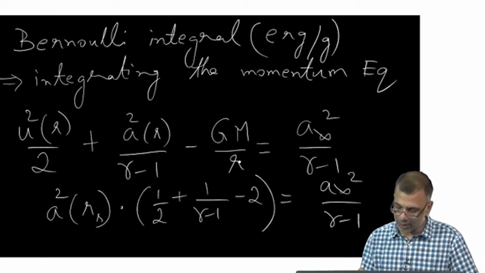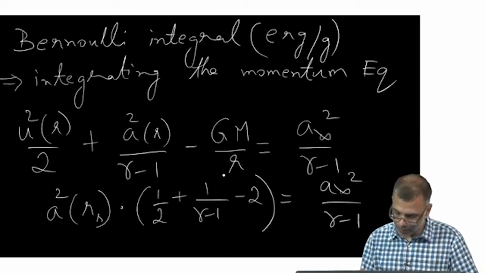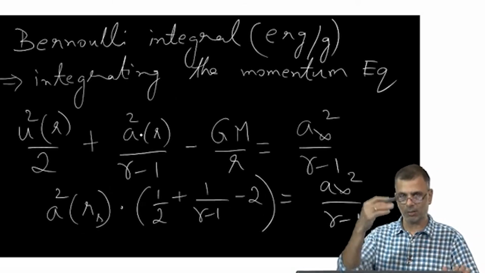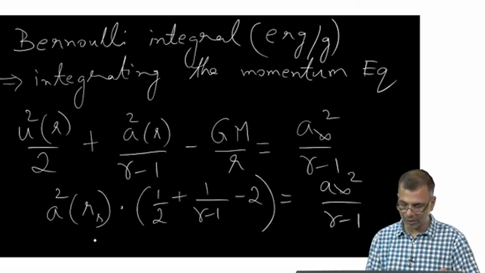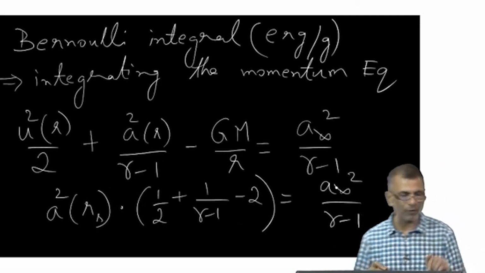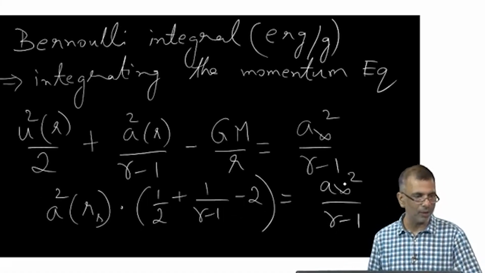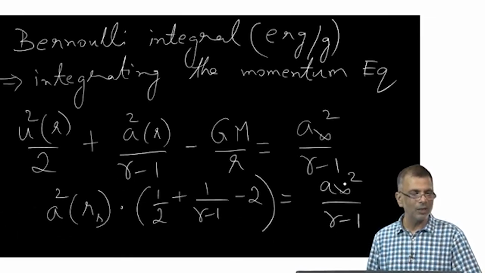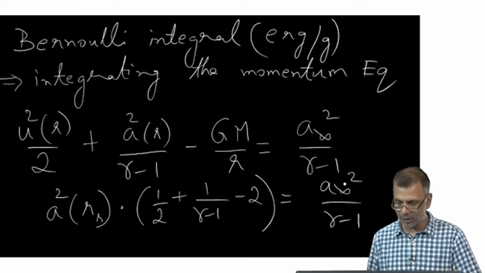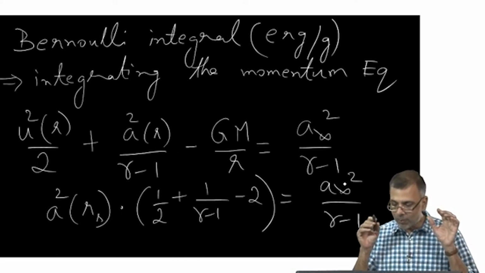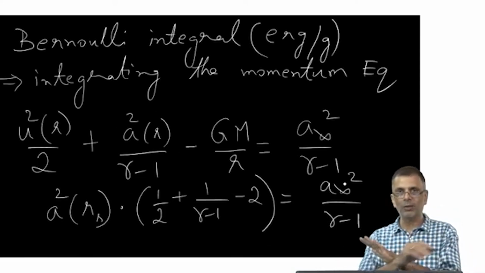And there's a relation that expresses the r in terms of a at the sonic point. That's the whole point: du/dr becomes 0 over 0. So this again is the Bernoulli integral at the sonic point, and that can be immediately related to a infinity. So you have a relation between a infinity and a at the sonic point. Having prescribed a infinity and rho infinity, you know everything else.